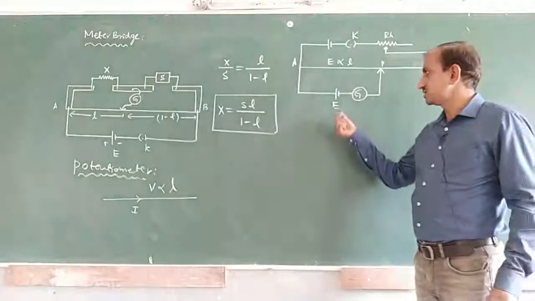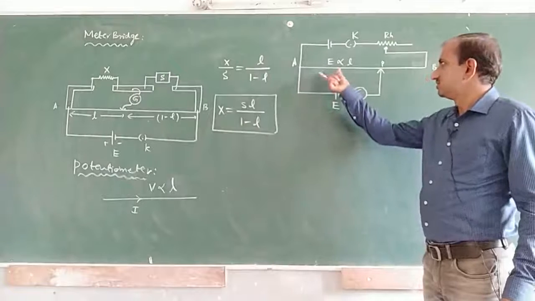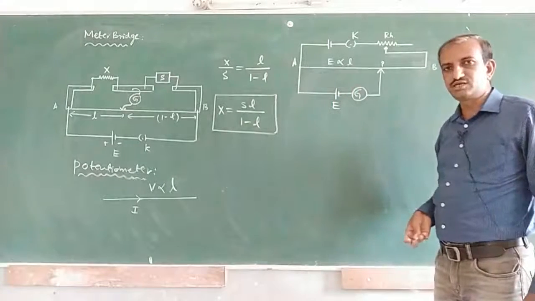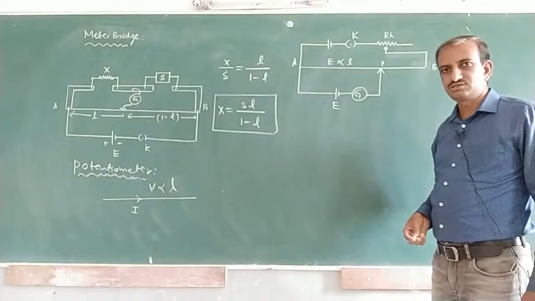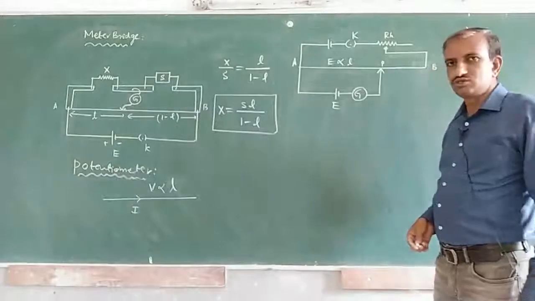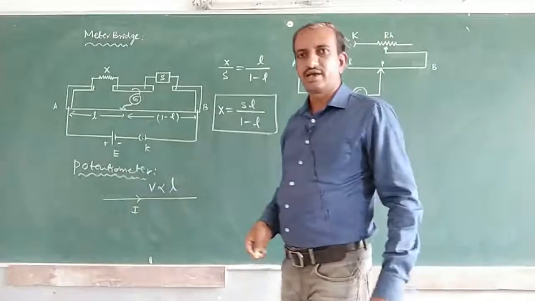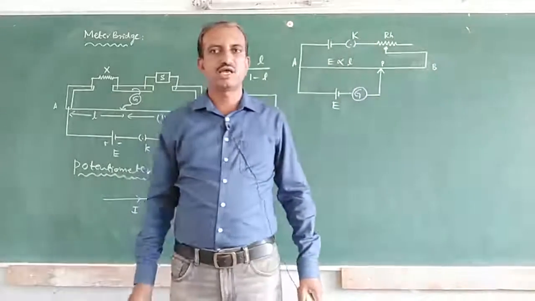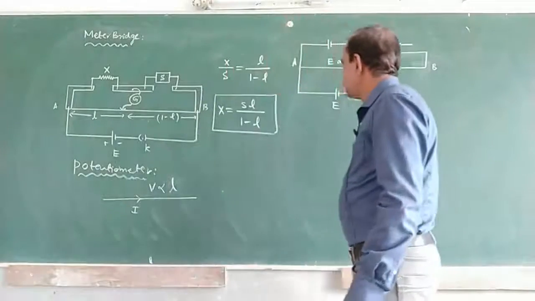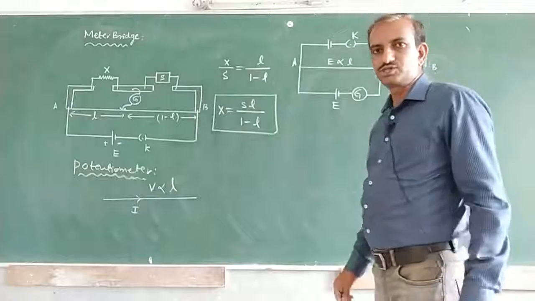So, we can find the EMF of the cell easily using the potentiometer, or we can measure the potential difference across a cell using the potentiometer. Potentiometer can be called an ideal voltmeter. See the applications of potentiometer.